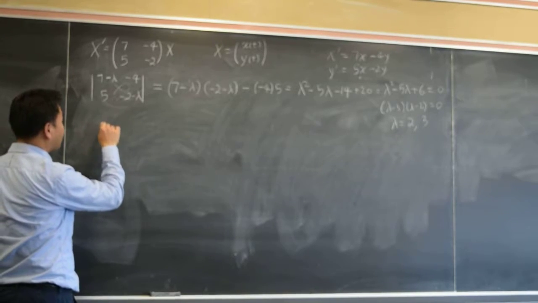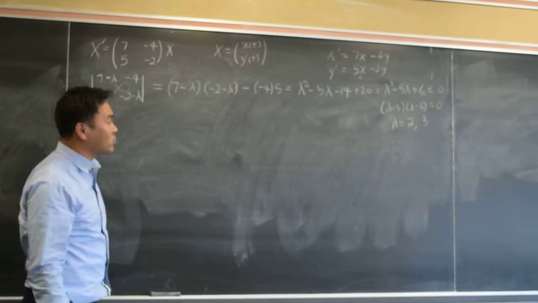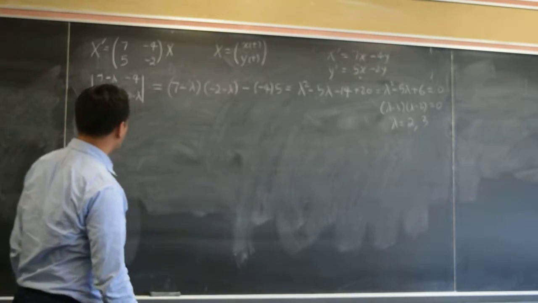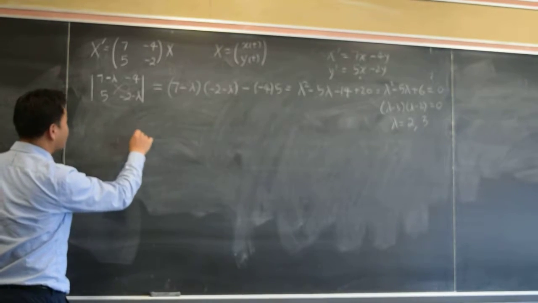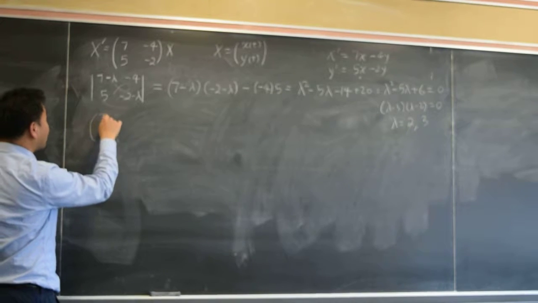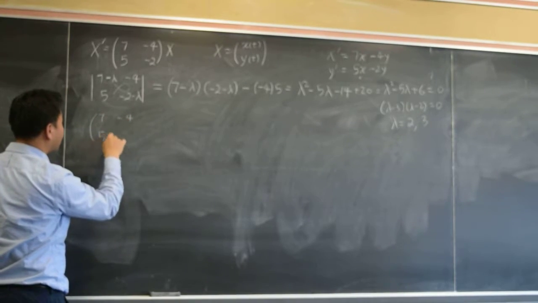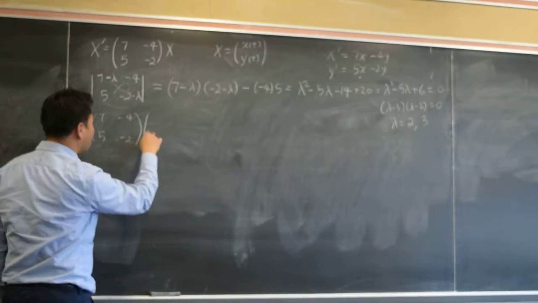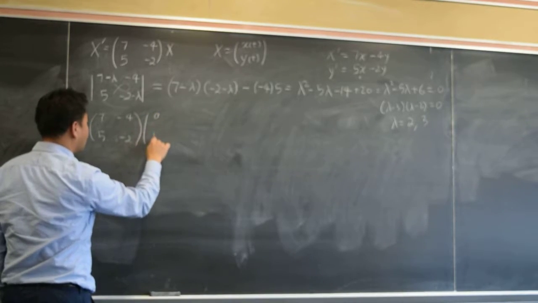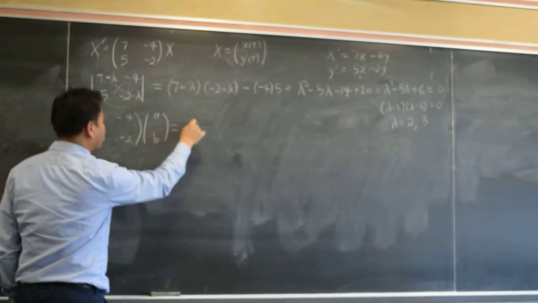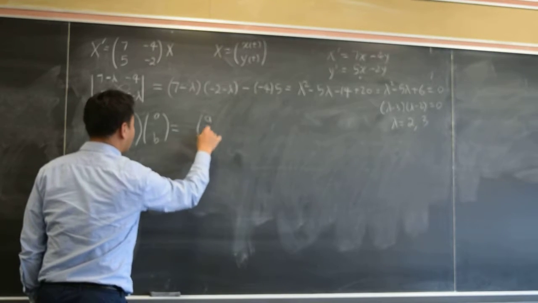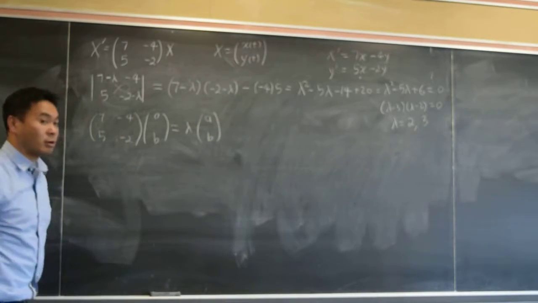There are two ways to look at eigenvectors. One is to say eigenvectors are something that if you multiply the matrix 7, -4, 5, -2 by this eigenvector (A, B), it's the same as (A, B) with a constant multiple.